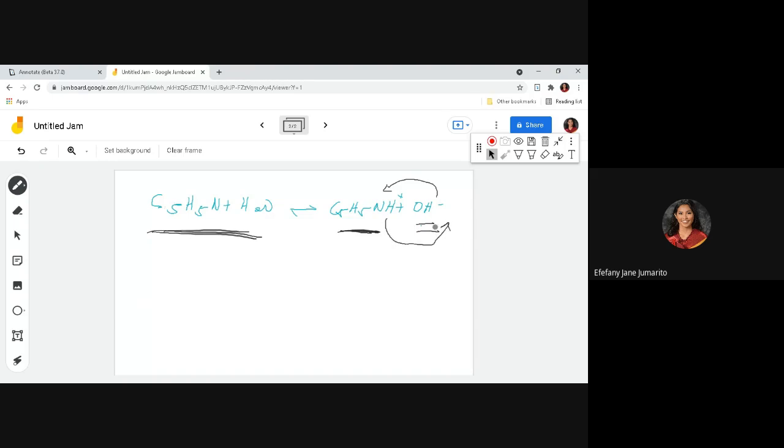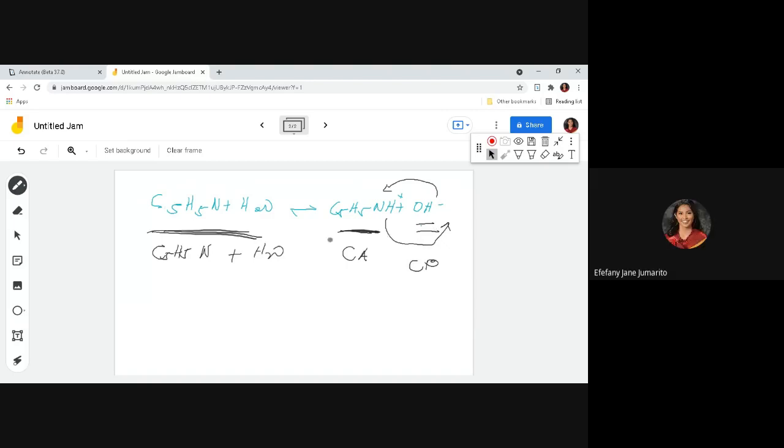It will donate the H to OH minus. Then we will have a product of C5H5N plus H2O. So it means that C5H5NH plus is your conjugate acid. Yes. This one, OH minus, is your conjugate base.